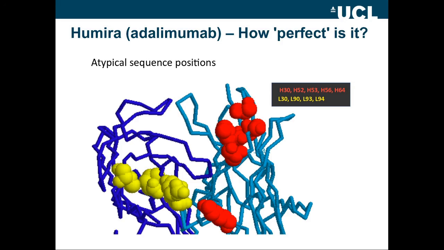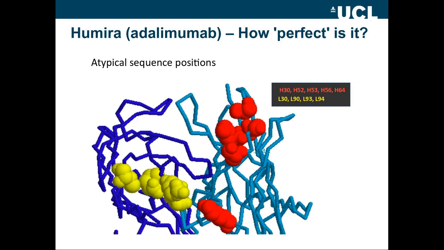And for those who do, the effectiveness of the antibody as a treatment decreases. So why might that be? Adalimumab is, at least in theory, a fully human antibody. It's produced by a technique called phage display.